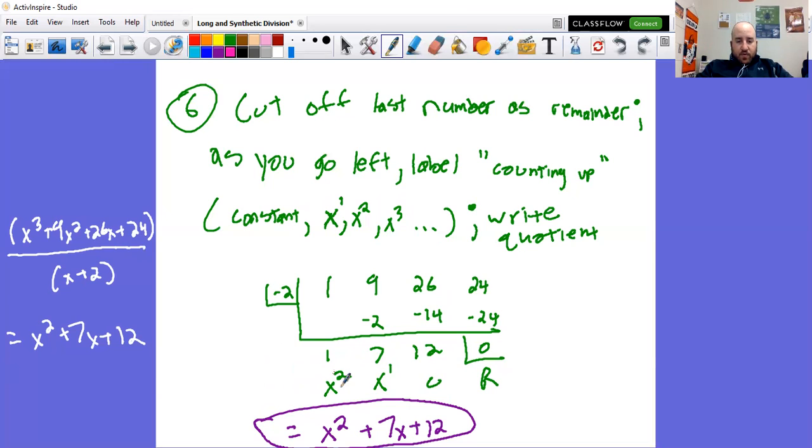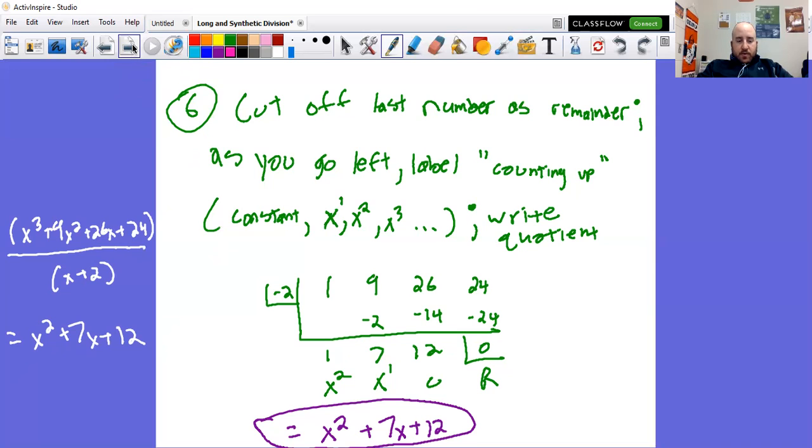So I have 1x squared, which I can just write as x squared, 7x to the first, which I can just write 7x, plus 12. That's my quotient. So when I divide x cubed plus 9x squared plus 26x plus 24 by x plus 2, I would get x squared plus 7x plus 12.